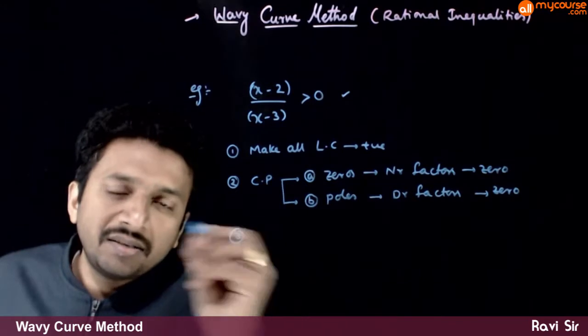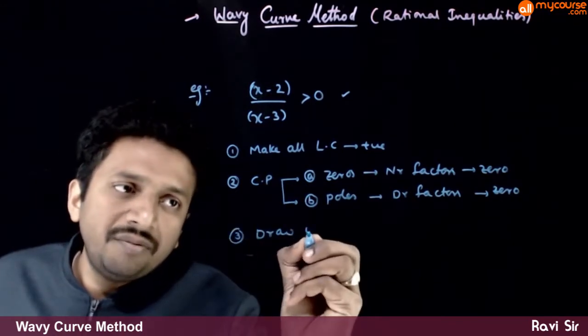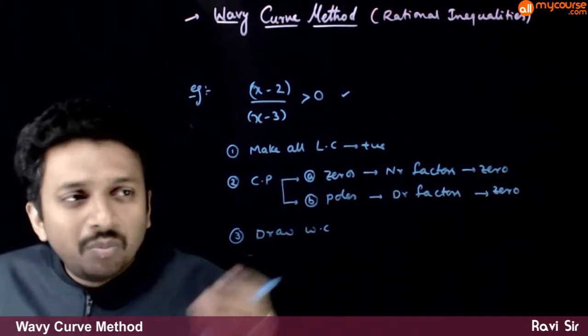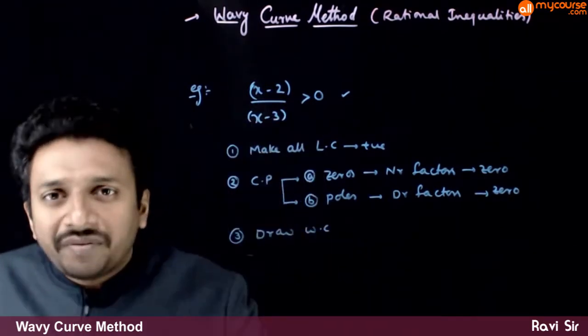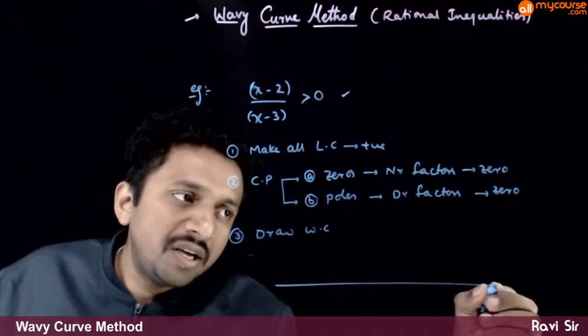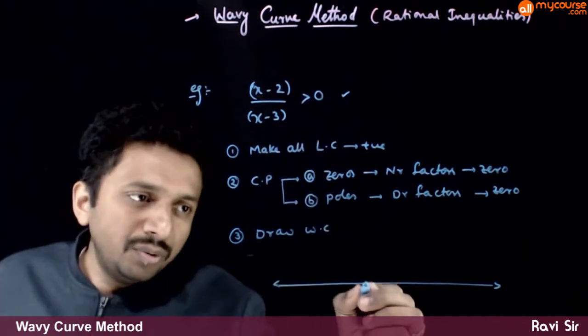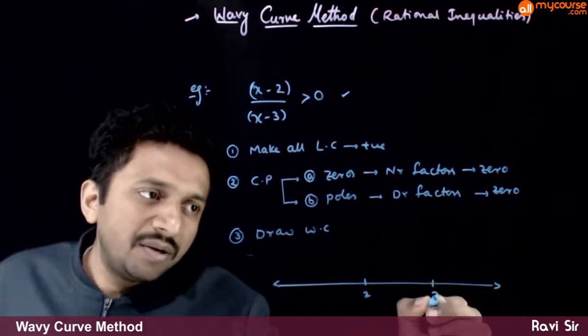And third, we draw the wavy curve, mostly similar to what we have done in the previous sections. The critical points here are x is equal to 2 and x is equal to 3.